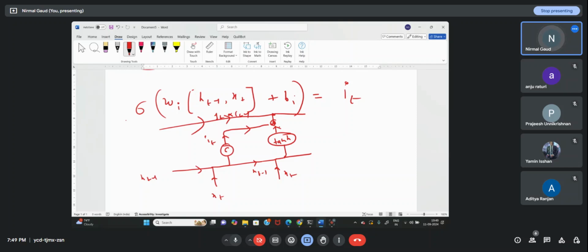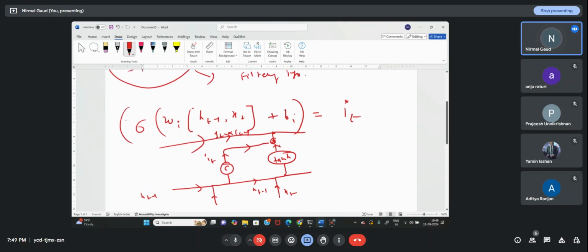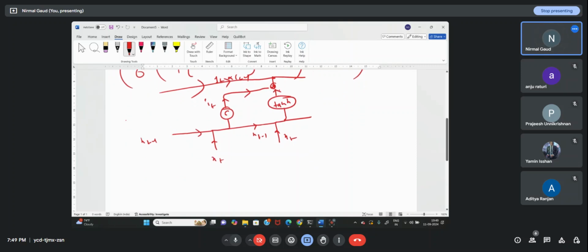So this operation, the first one, getting it, is similar to the forget gate. In the next one, the only change is you are applying hyperbolic tangent instead of sigmoid.